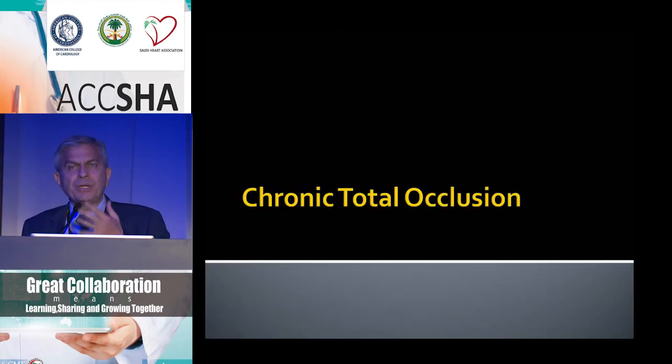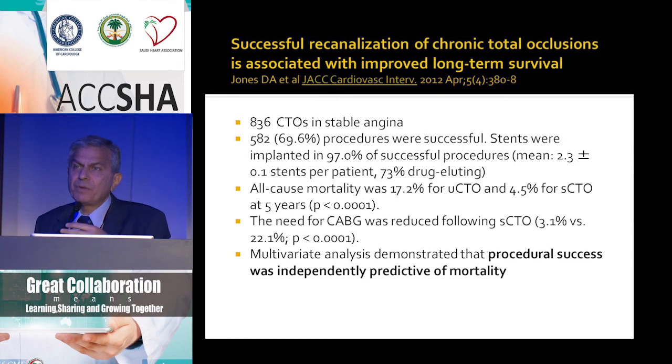Now, if we turn to another type of complex situation, such as chronic total occlusions, which over the past 10 years, thanks to our Japanese colleagues, who have ventured into tackling chronic total occlusions that you would never dream of tackling.